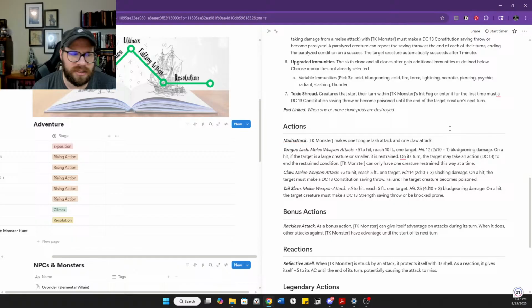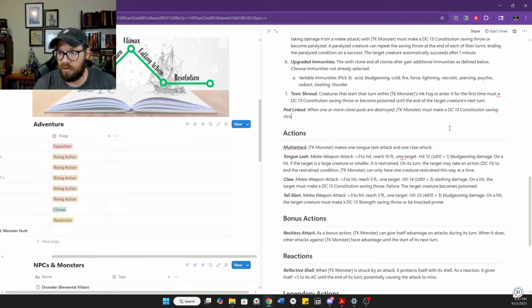should the creature have to make a saving throw? Or should this be an automatic effect? I kind of think maybe give the creature a saving throw. Yeah, okay, let's do that. Let's give it a saving throw. When one or more other clone pods are destroyed, TK monster must make a DC 13 Constitution saving throw.